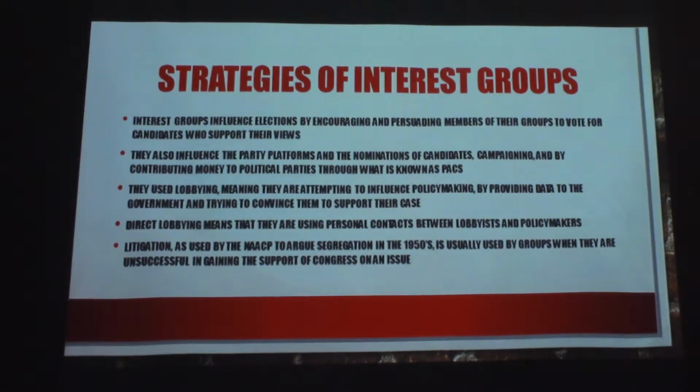Direct lobbying means that they are using personal contacts between lobbyists and lawmakers. Litigation, as used by the NAACP to argue segregation in the 1950s, is usually used by groups when they are unsuccessful in gaining the support of Congress on any issue that they feel is important.